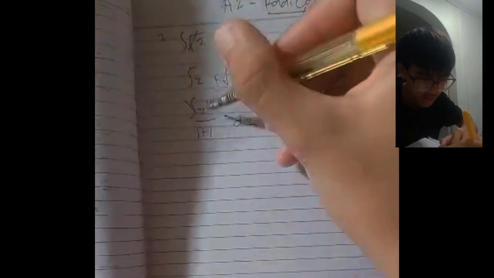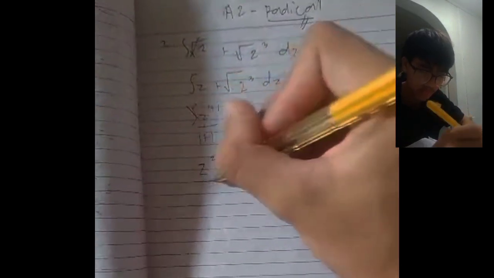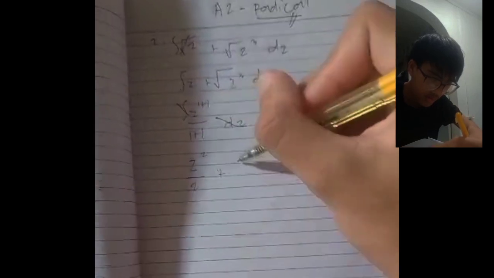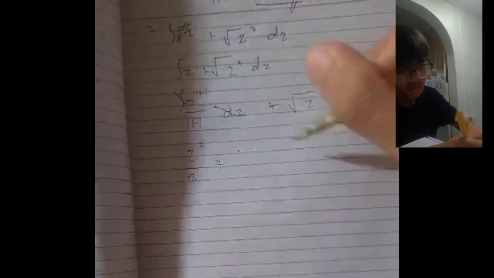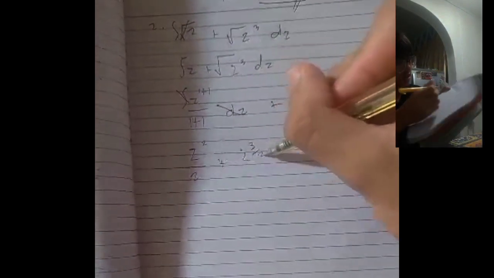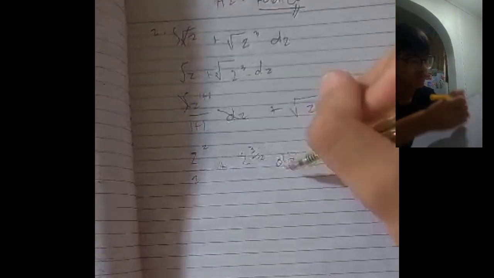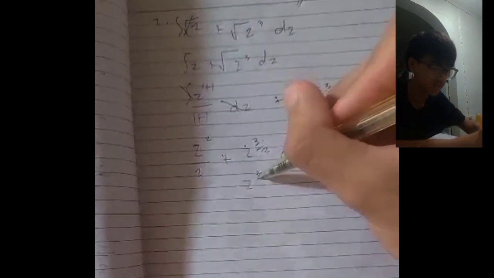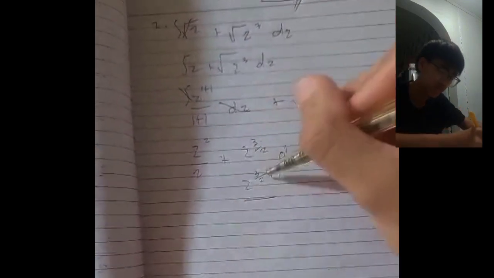Then, yung next naman natin solve is si integral of square root of c raised to 3. I-evaluate lang din natin siya, kaya magiging z raised to 3 over 2 dz. So, i-cancel lang din natin si integral and si dz. Bali, matitira na lang is si z raised to 3 over 2 plus 1 over 3 over 2 plus 1.